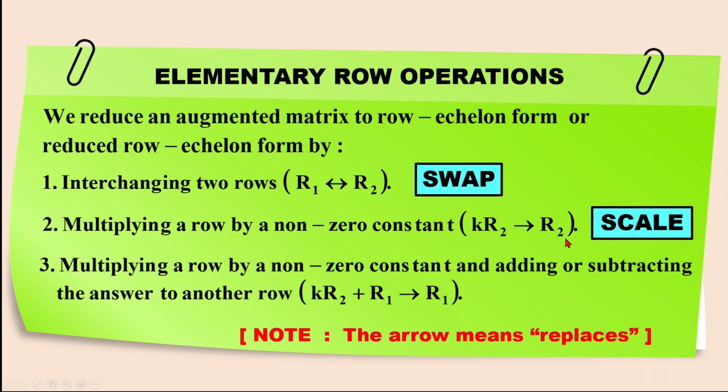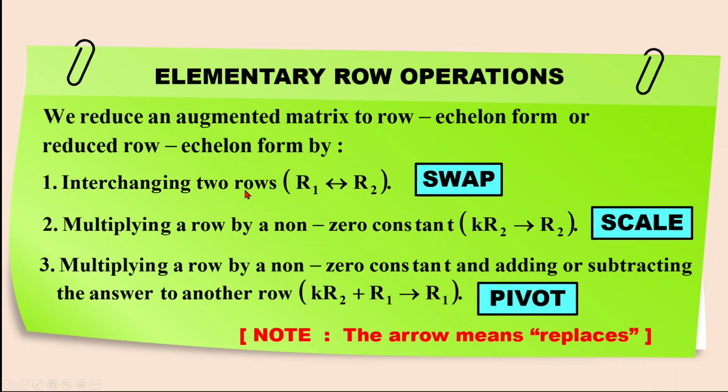We call it scaling. Or we can also multiply a row by a non-zero constant and add or subtract it from another row. So we will get an equation and we will write it inside the row. And this we call pivot.